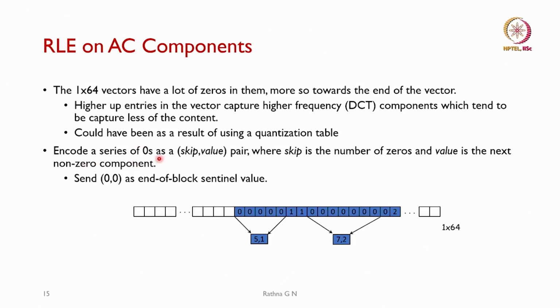Encode a series of zeros as a skip, value pair, where skip is the number of zeros and value is the next non-zero component you will send. Send 0, 0 as end of block, which is a sentinel value. So, you will see how this is represented with run length coding when there are many repeating zeros: you put the skip and then the value in this way.